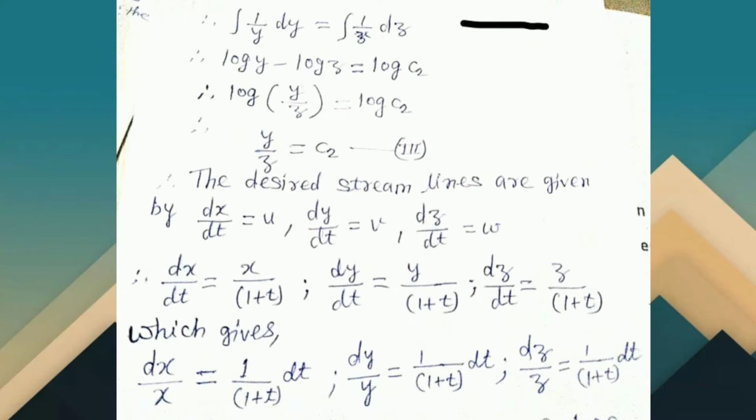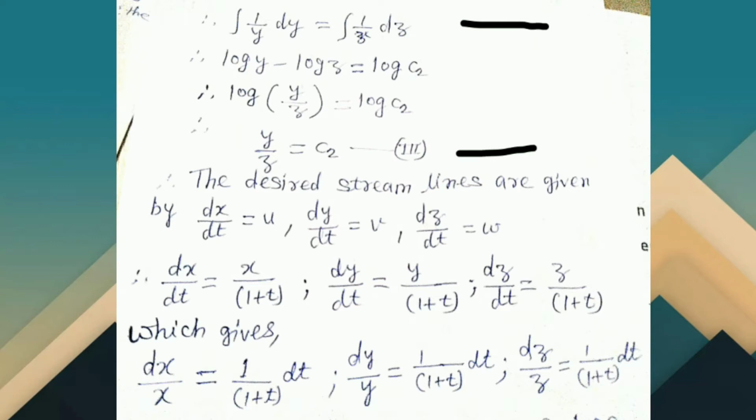So the integration of 1 upon y is log y, minus the integration of 1 upon z, which is log z, is equal to the integration constant c2. So log y minus log z can be written as log of y by z, which is equal to log c2. By the rule of logarithms, we get y upon z is equal to c2.